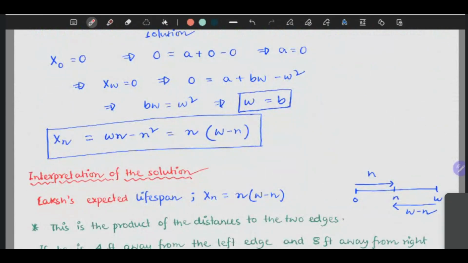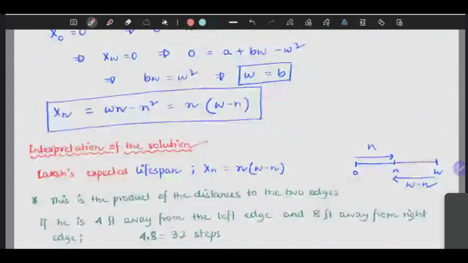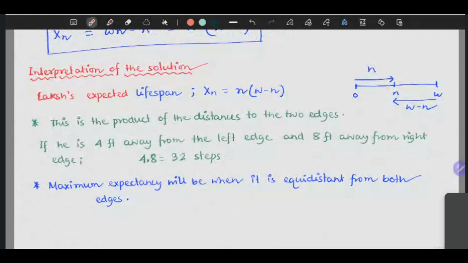That means if he starts at the middle point, the expectancy is higher, which is expected, since at the middle point you will spend many more steps in between.